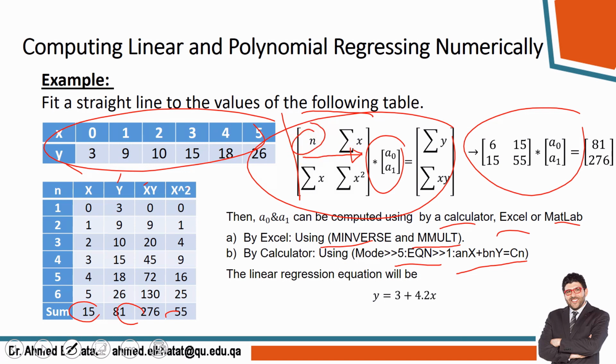Then here we have X to the first. When we go for the next row, we start with the diagonal, so it will be summation of X, then the higher X squared. On the right hand side we have Y, and then the power of X also increases, so it will be XY. Maybe it's not clear here, but when you go for the different polynomials, it will be more clear.